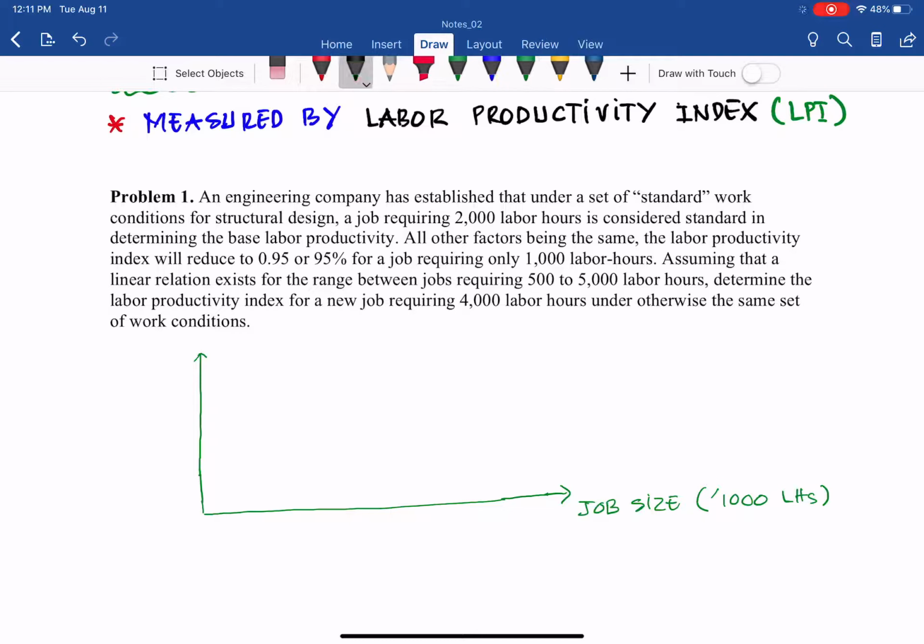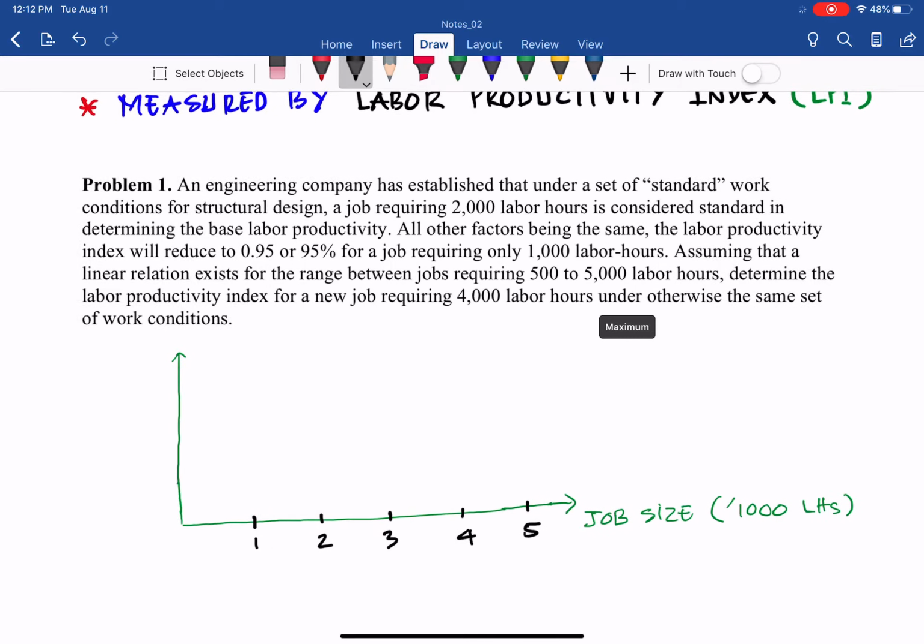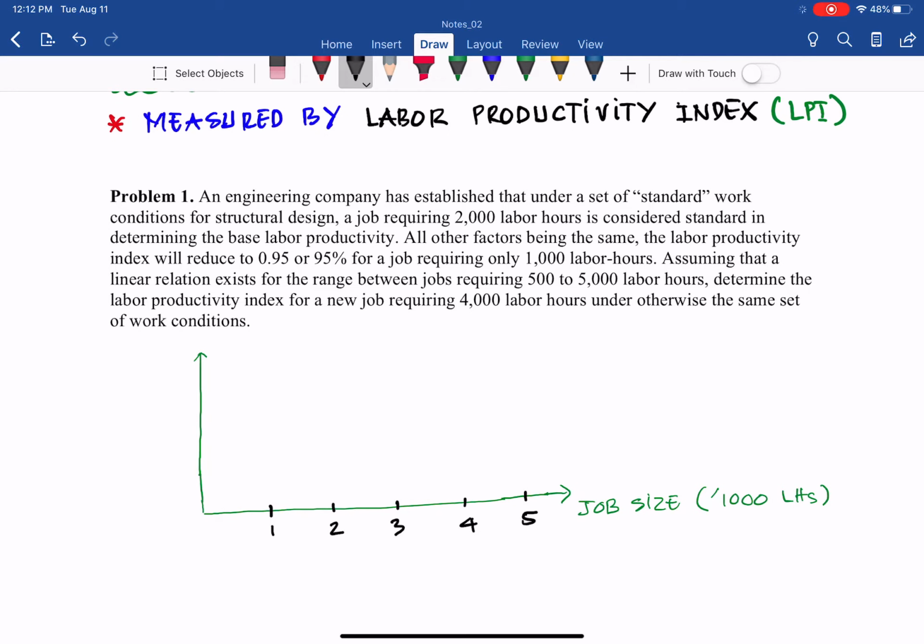So we have 1,000, 2,000, 3,000, 4,000, 5,000, and a linear relation from 500 to 5,000 labor hours. Here you have 0.5 for the job size.